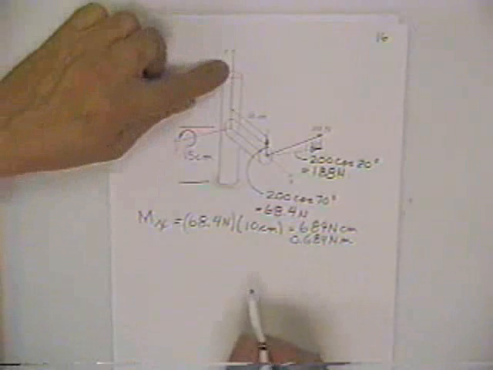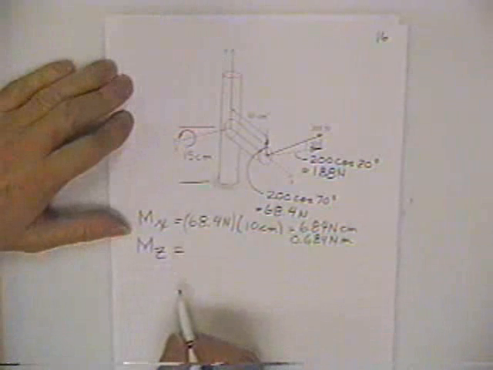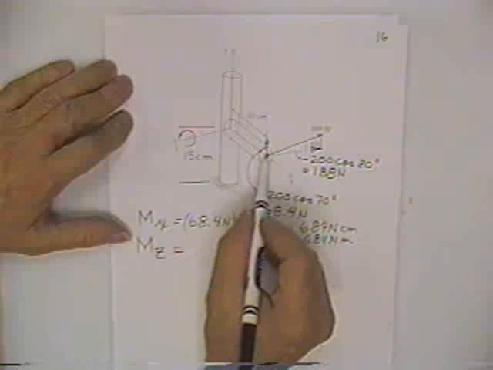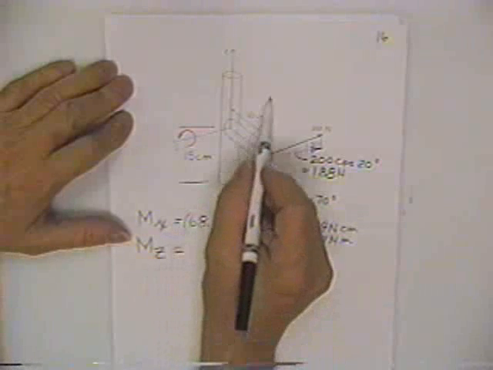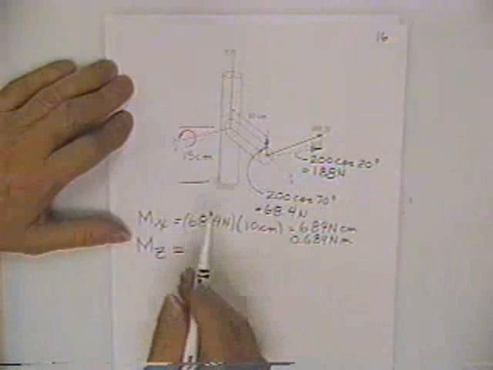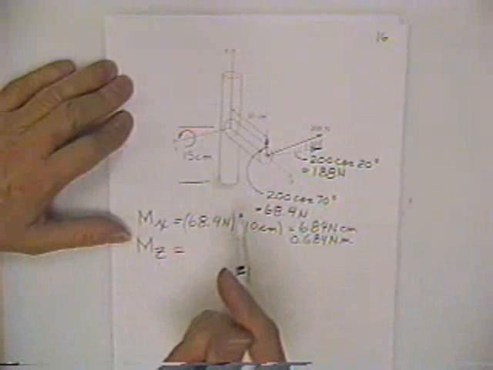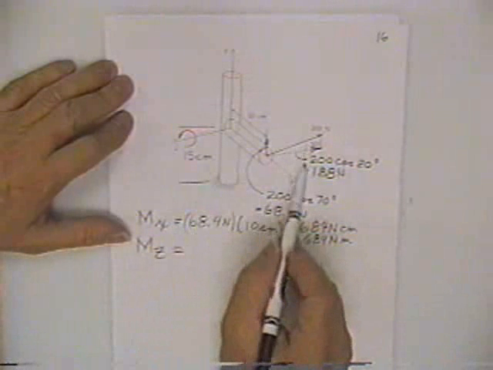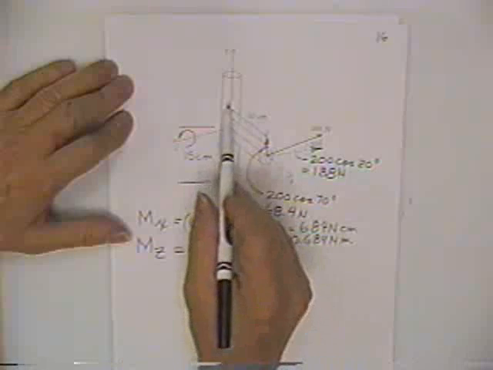Next, how much tendency to roll is there about the z-axis? Well, about the z-axis, this 68 Newton force is parallel to the z-axis, so it has no tendency to roll around that axis. However, the 188 Newton force is perpendicular to the z-axis.